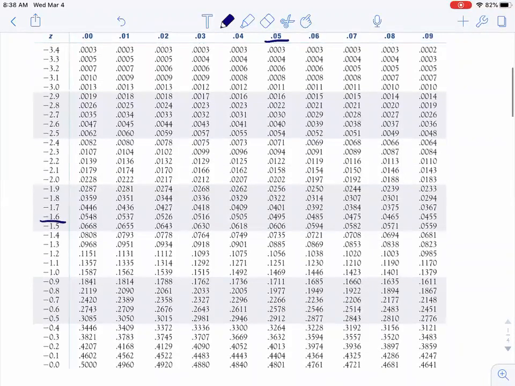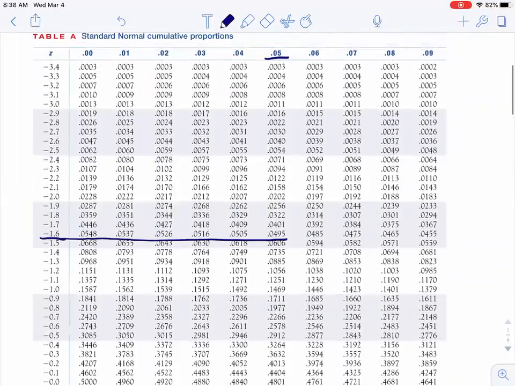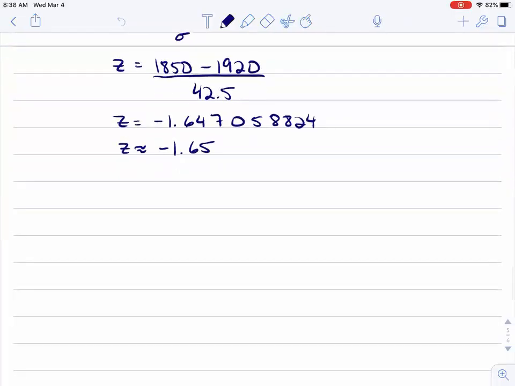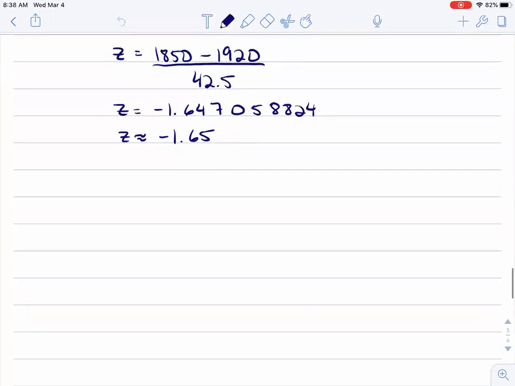So now I'm gonna go across here. 0.0495 is the area to the left. So we can say the probability that z is less than or equal to negative 1.65 is equal to 0.0495. You can say that.